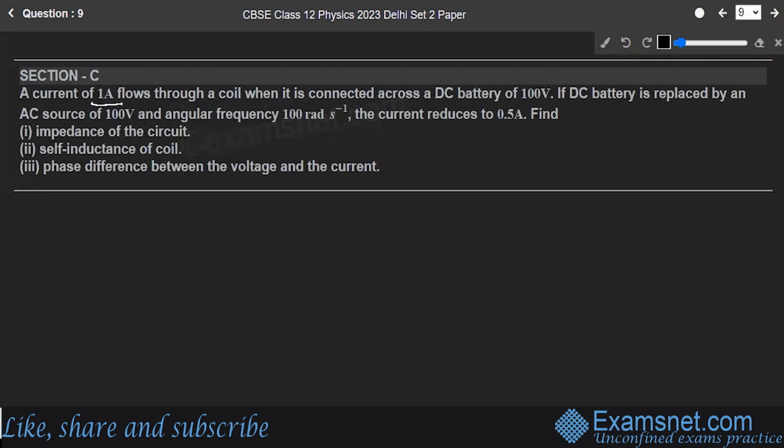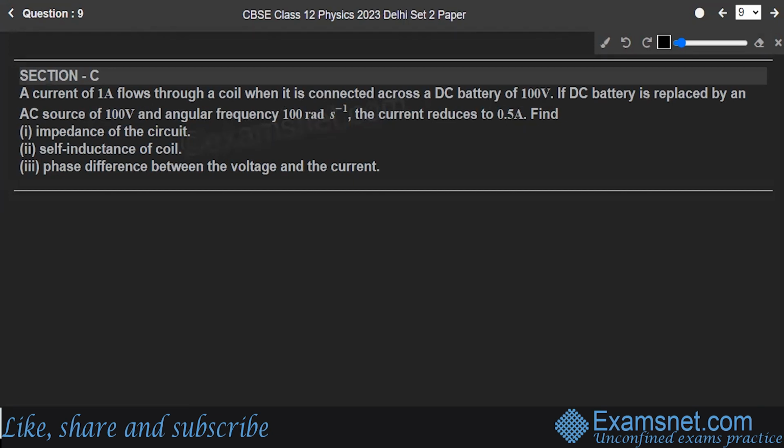A current of 1 ampere flows through a coil when it is connected to a DC battery of 100 volts. If the DC battery is replaced by an AC source of 100 volts and the angular frequency is this, the current reduces to 0.5 amperes. Now you have to find the impedance of the circuit first.